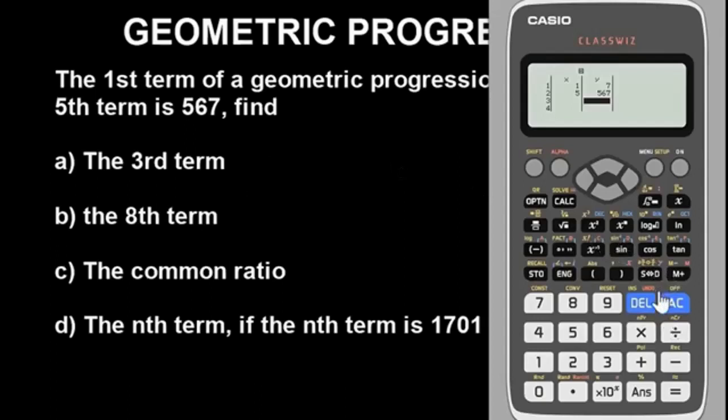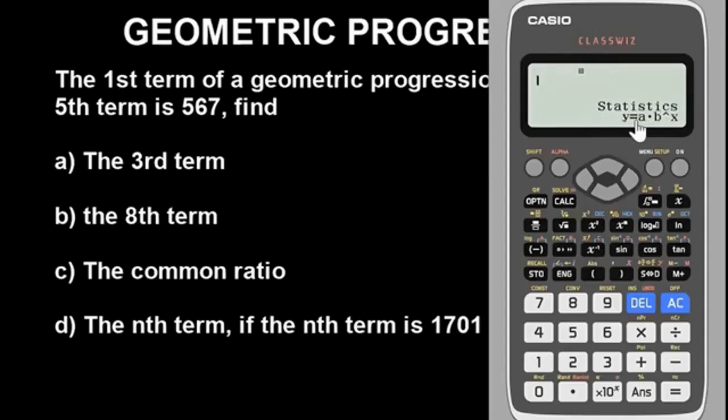So let's press the AC key, having known that the calculator has already stored these values, so no need to be scared or panic, guys. So let's wipe these out. Okay, so once I wipe them out, it will show this thing on the calculator.